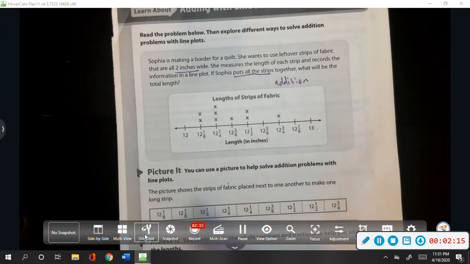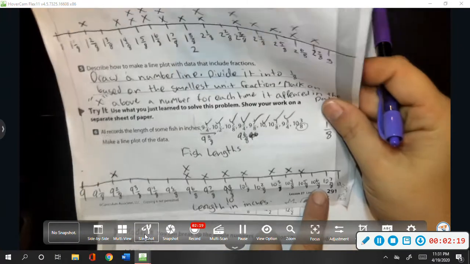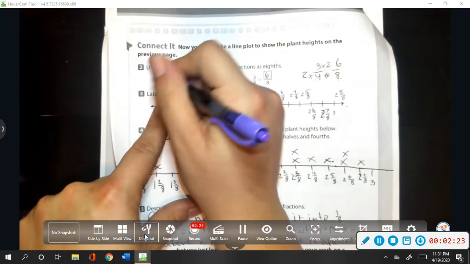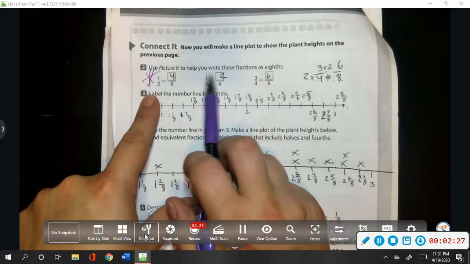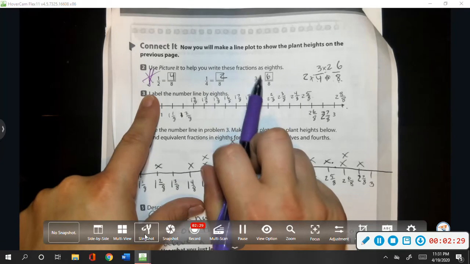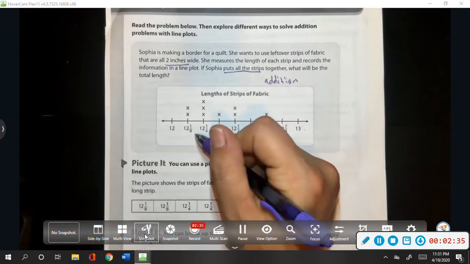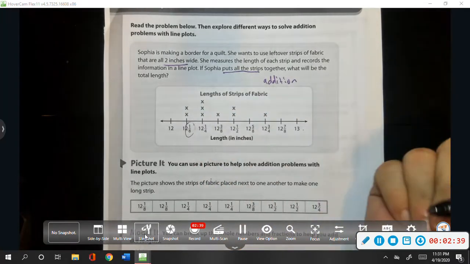And you could actually even use the key that we filled out on page 291 in the instructional book. If you remember that first question, we found out that a half is the same as 4/8, a quarter is the same as 2/8, and 3/4 is the same as 6/8. We can use those fractions because the smallest unit in this line plot is an eighth.